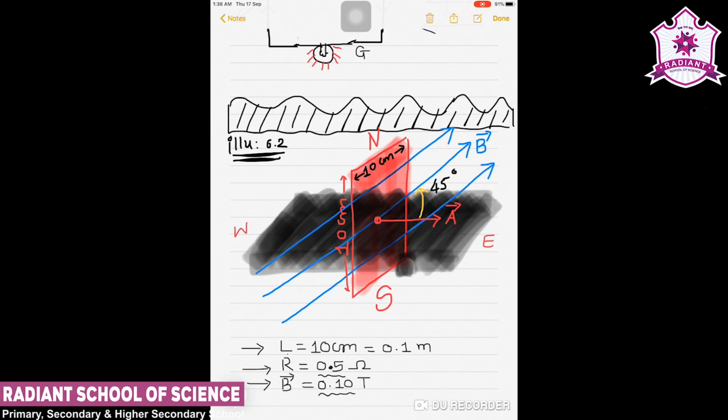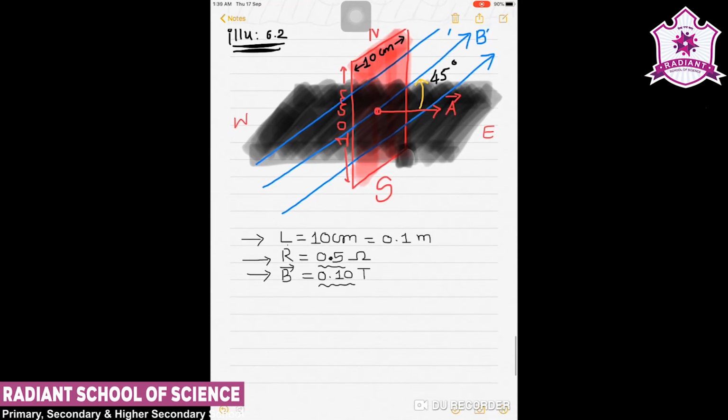Now it is given that the magnetic field is decreased to 0 in 0.70 second. So we are also given a time period. Initially the magnetic field is B initial, and the final is 0 Tesla, so it decreases, and for that it takes 0.70 seconds.